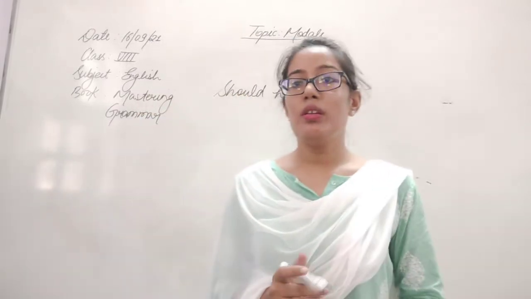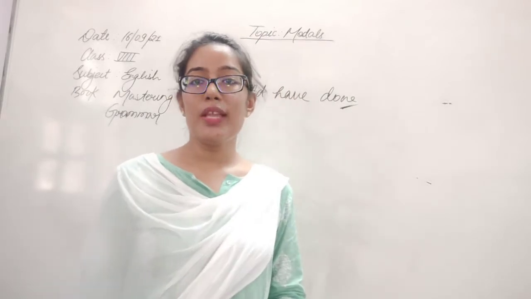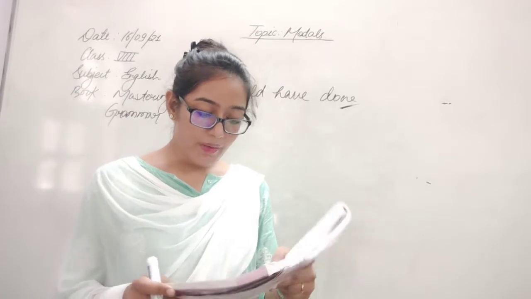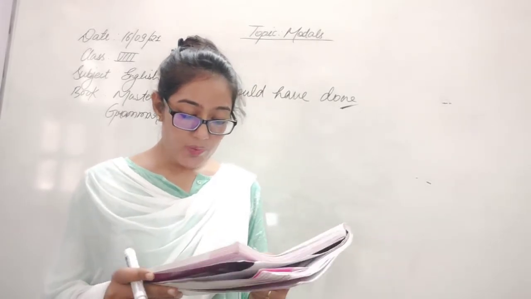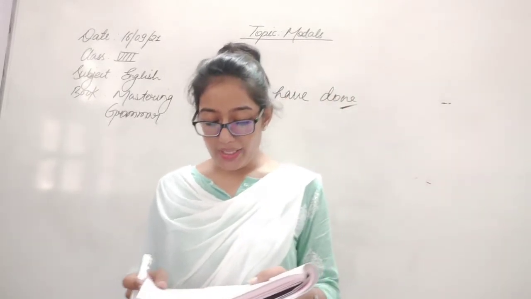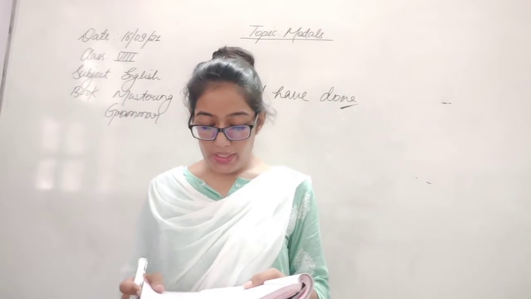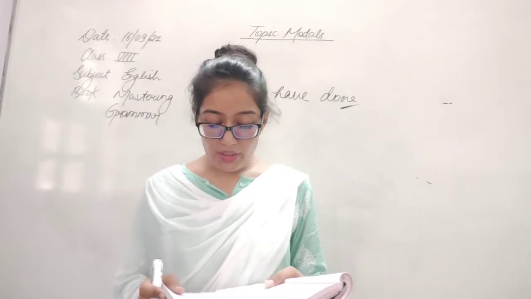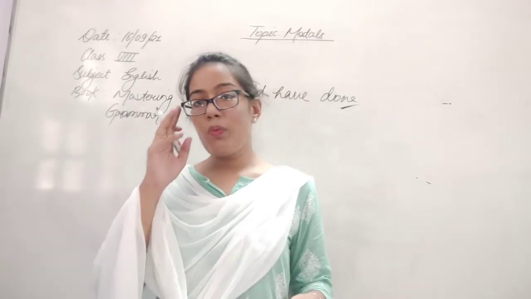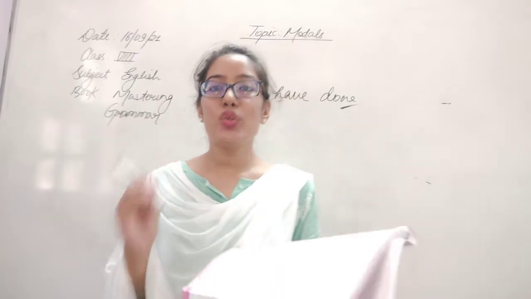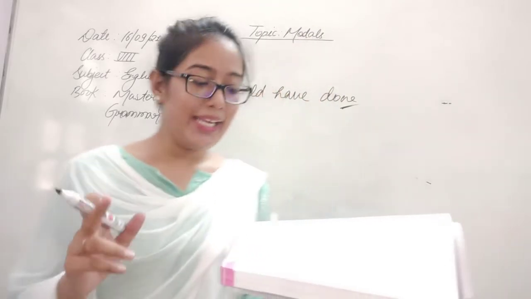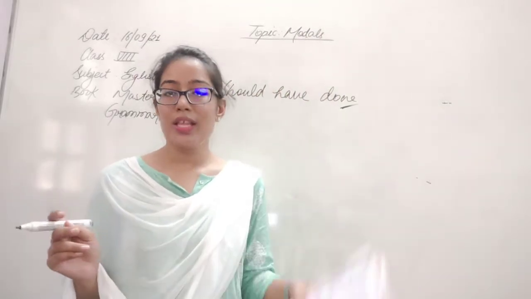Now example, complete this sentence with should have plus the verb in appropriate form given in the brackets. Mohit dash his mother that he had lost his wristwatch in the school. So, Mohit should have told his mother that he had lost his wristwatch in the school.